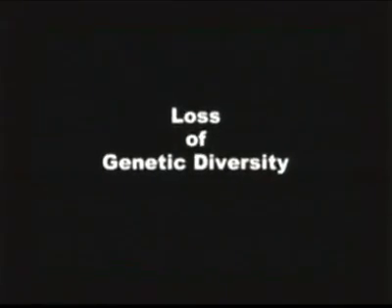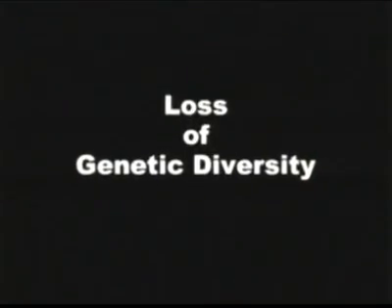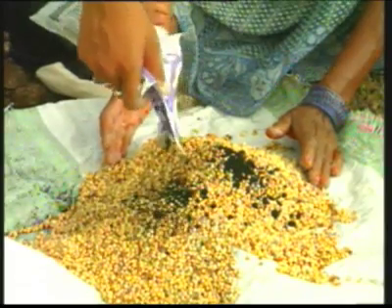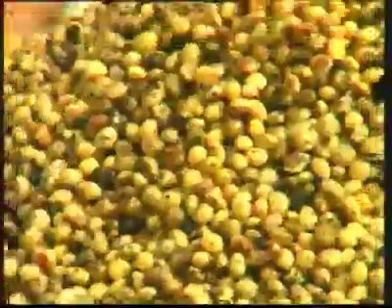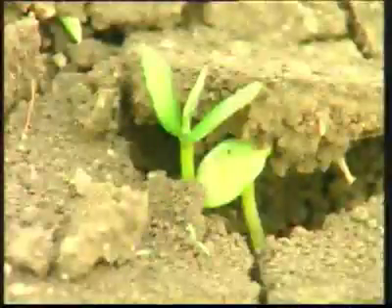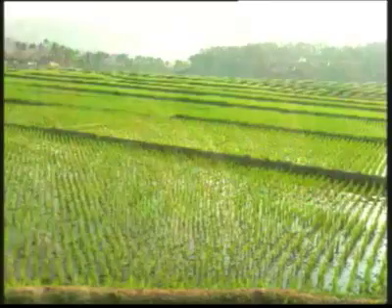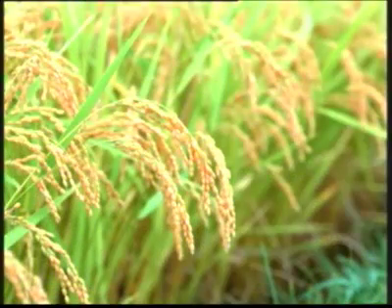Loss of genetic diversity. Multinational seed companies push a few commercial varieties and farmers adopt them in view of more production. The result is that several local varieties are lost. The Lanji variety of rice in India is no more available now.